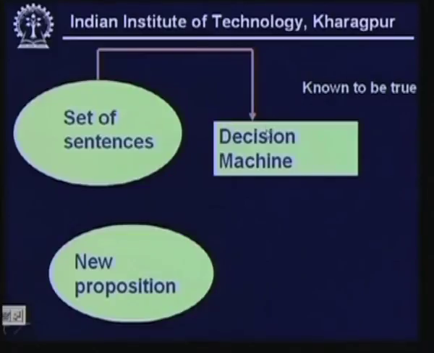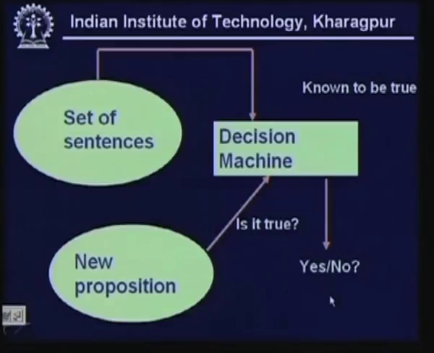Given that, the decision machine takes this new proposition and asks the question, is it true? And it will come up with the answer yes or no. The answer will be yes if this new proposition is logically entailed by this set of sentences which are known to be true under a particular interpretation.